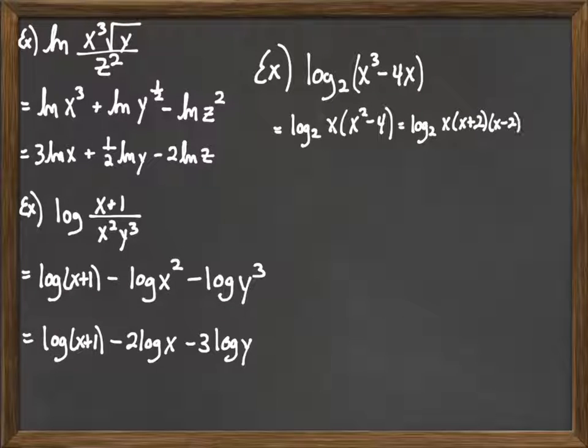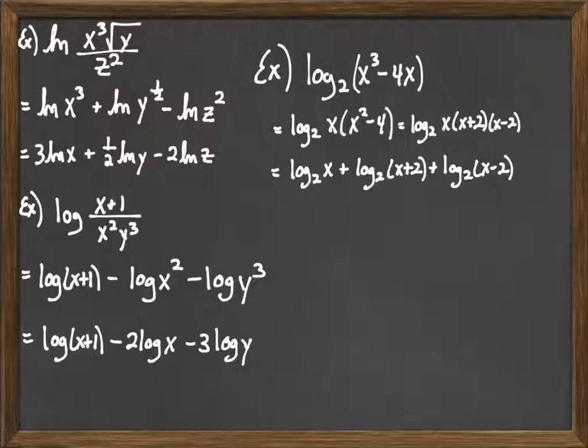So I have log base 2 of x times x plus 2 times x minus 2. Those are all being multiplied. So now I can apply my multiplication property, which says I can break those into sums. And so we get our final answer, log base 2 of x plus log base 2 of x plus 2 plus log base 2 of x minus 2.